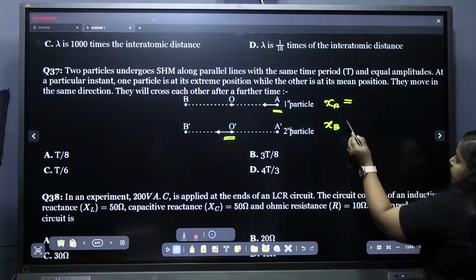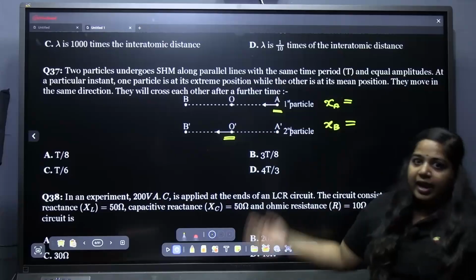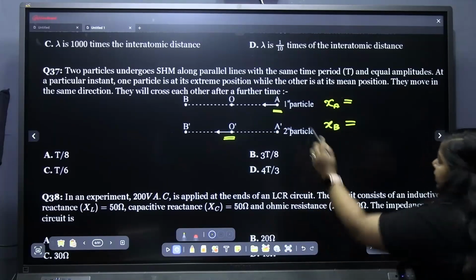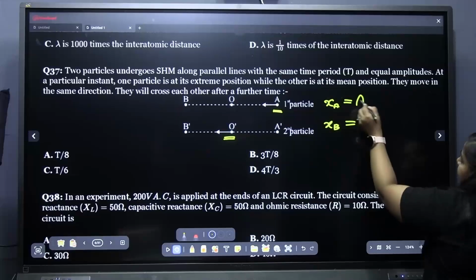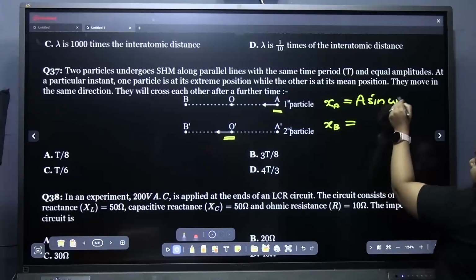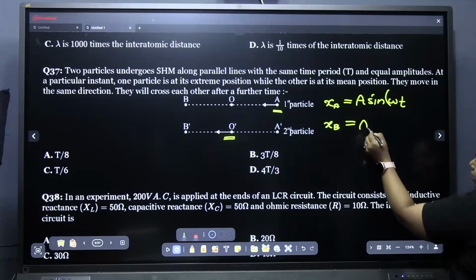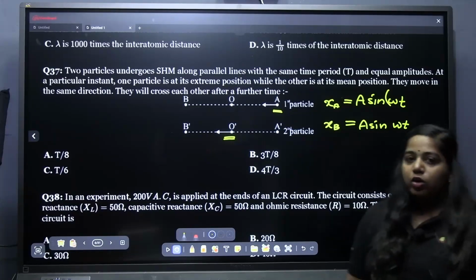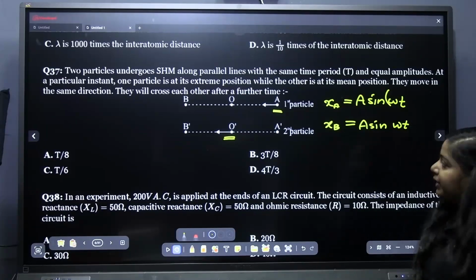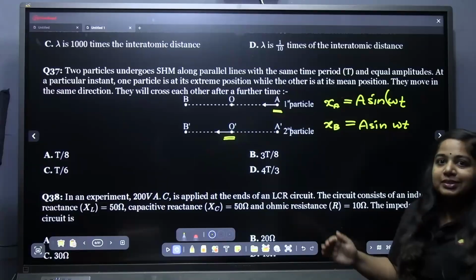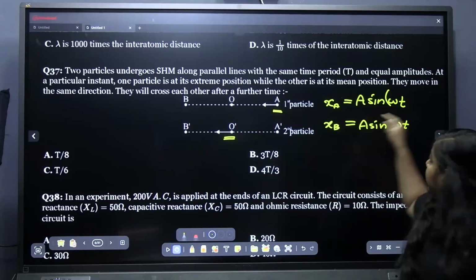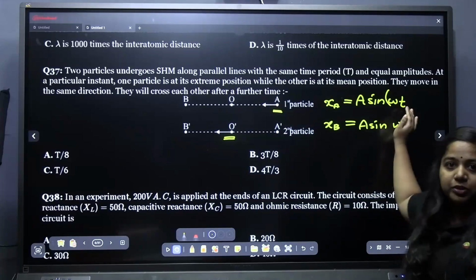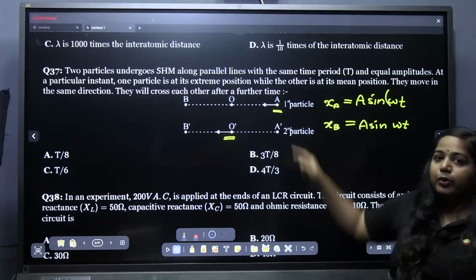And displacement of A, how can we write it, it will be equal to A sine omega t. This is our normal equation. But the problem is, if we just stop it here, at t equal to 0, if you substitute, xa will be equal to 0.